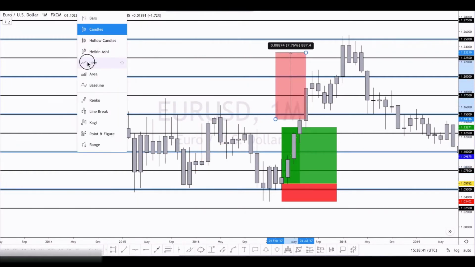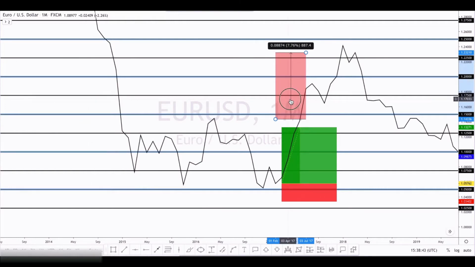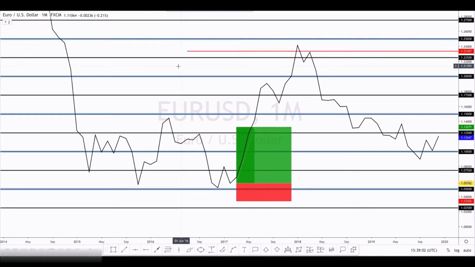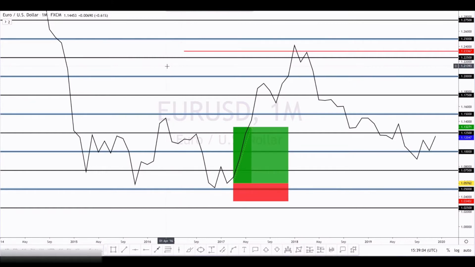Once we bring it back to that line chart and we see price breaks through that area, let's put it right on top, which would be here, you can see it's no coincidence that 800 pips give or take later was the market reversal. Again, like I said to you, market participants are predictable and do react in the same way.